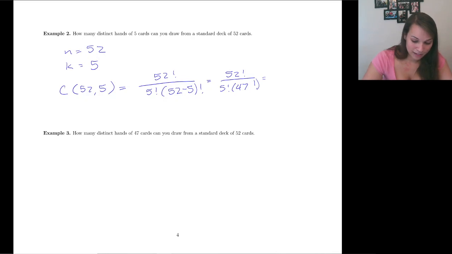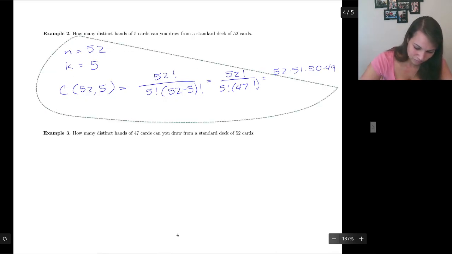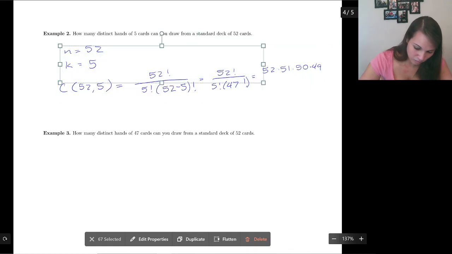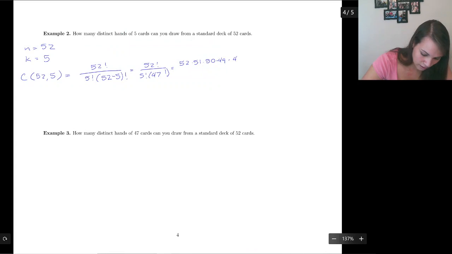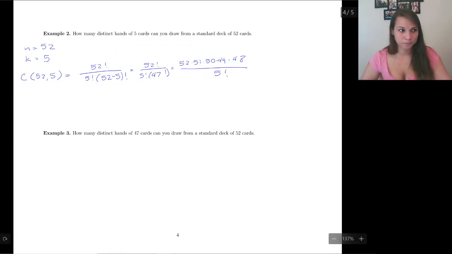Simplifying this specifically, you get 52 times 51 times 50 times 49 times 48 over 5 factorial. Flip back to lecture 1 for combinatorics.